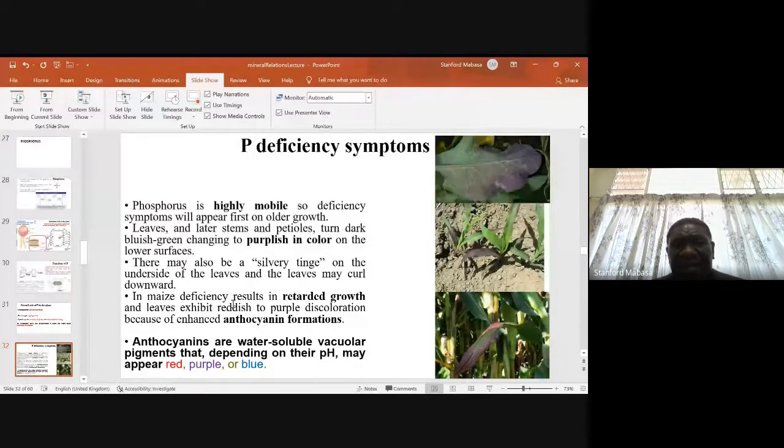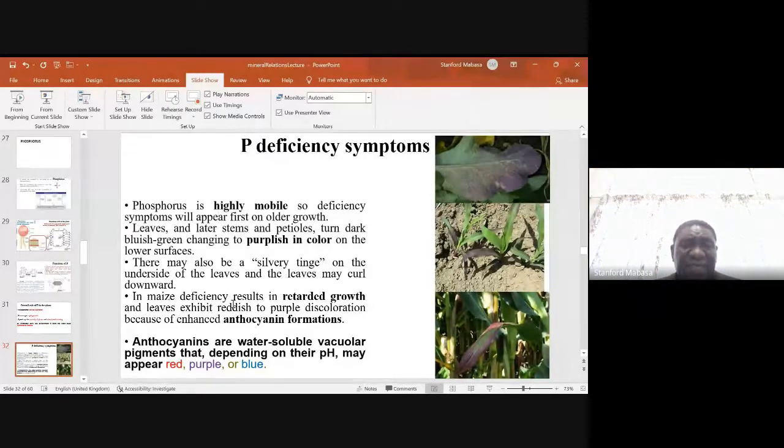Now, phosphorus is highly mobile. Let us look at the deficiency symptoms. If a phosphorus deficient plant is present, it is characterized by purplish leaves.